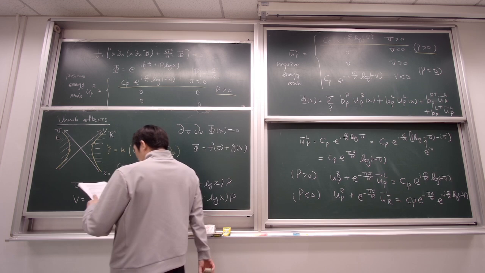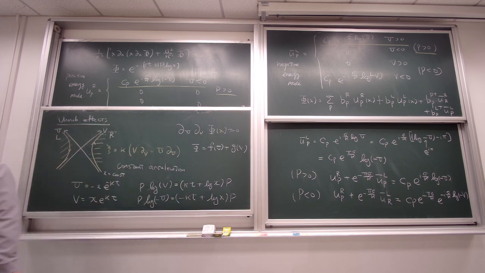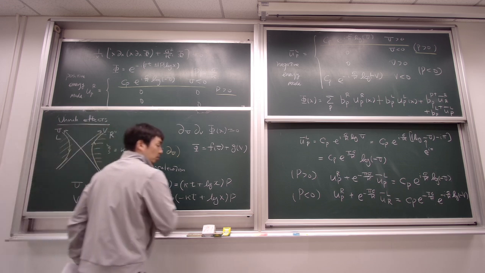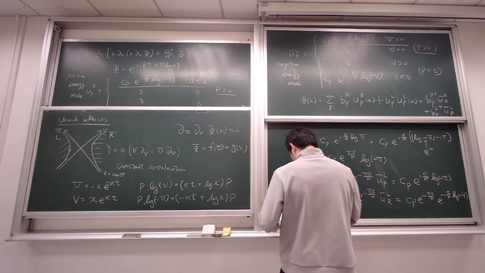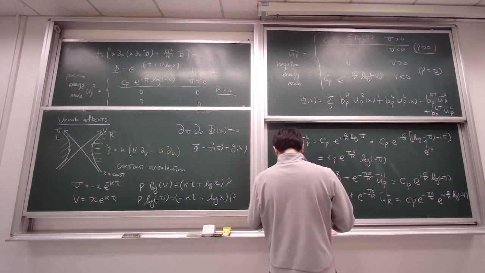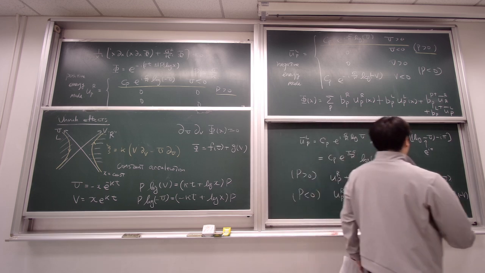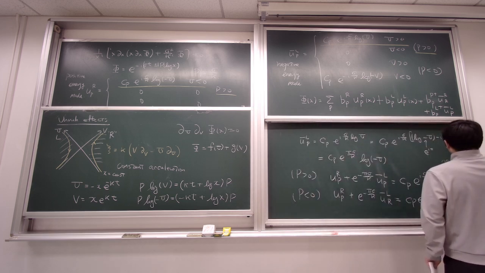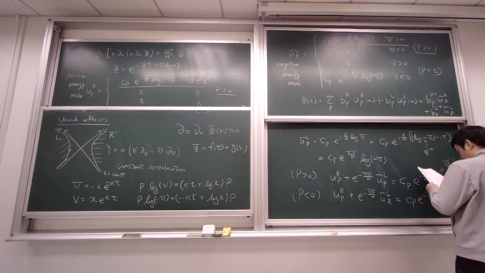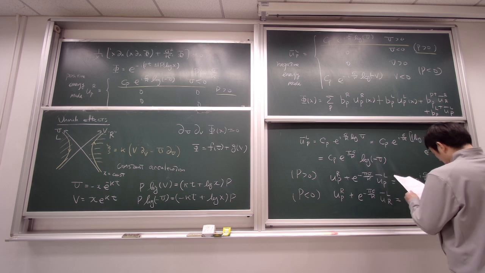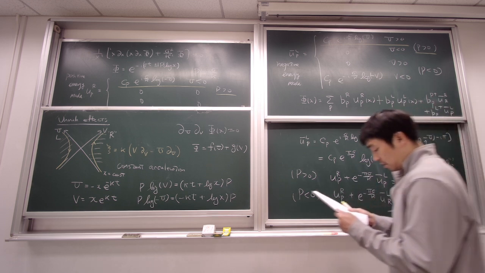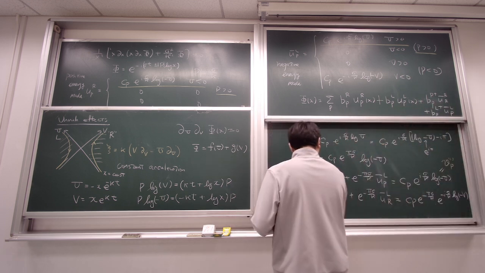And then we call the appropriately normalized form of this one B1. We call this one B1 of P. Oh, sorry, this is the opposite.